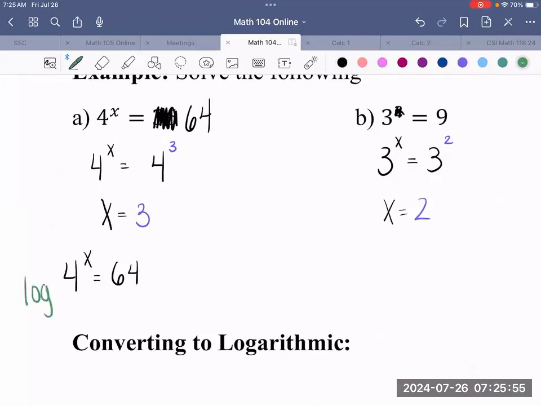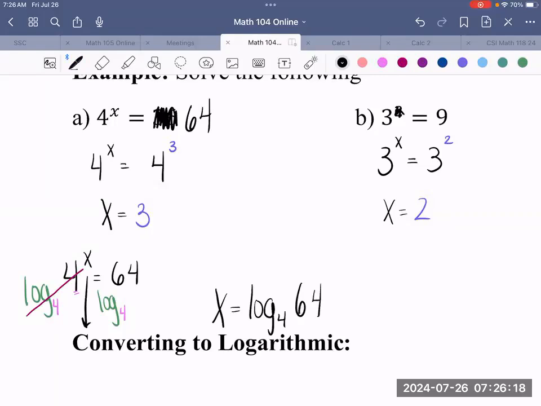So log, and this time we're going to match the base. Instead of 2, this one has a base of 4. So we're going to write 4 underneath. It cancels on this side and your x value drops. So we have x is equal to log base 4 of 64.